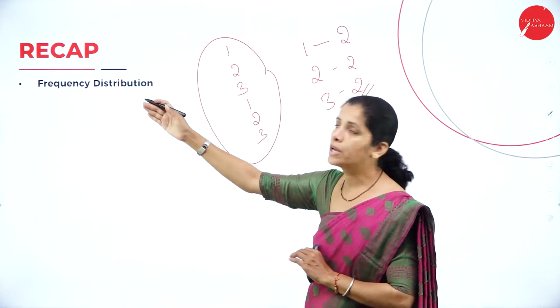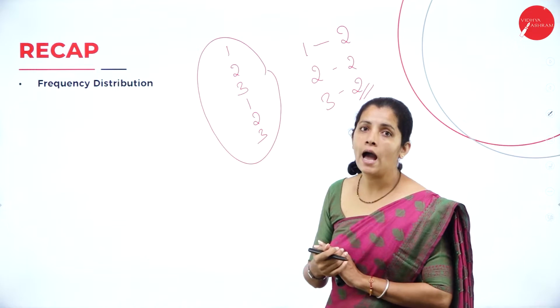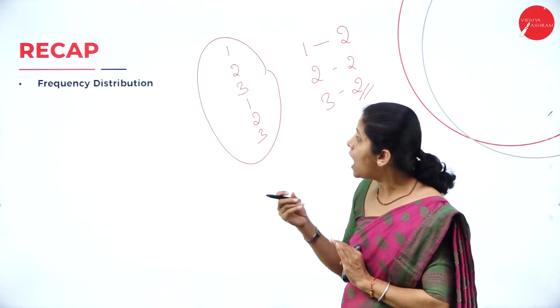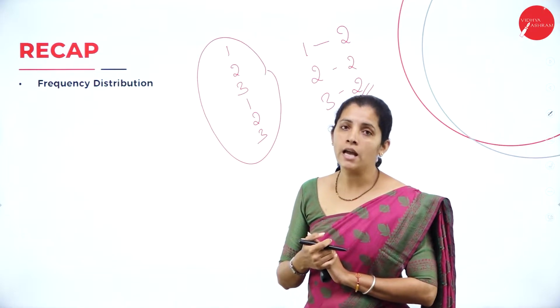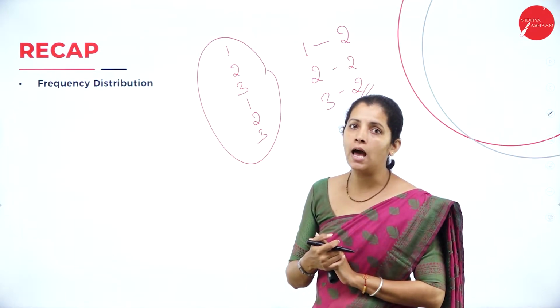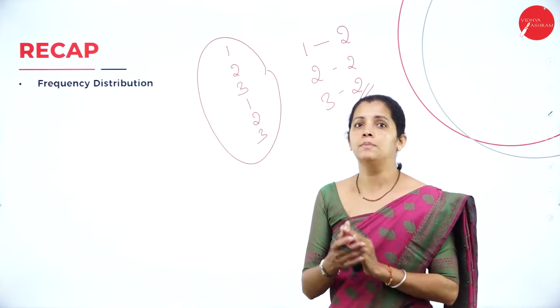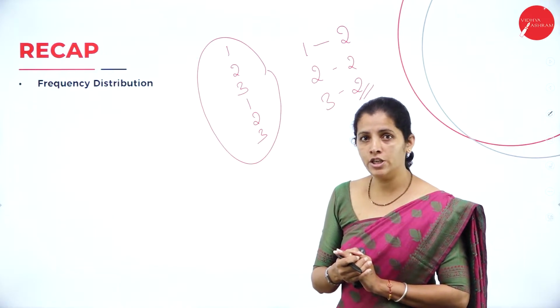Under this frequency distribution, I have explained how to find the frequency distribution, that is, the tabular format as well as the pictorial, which is nothing but the graph representation.